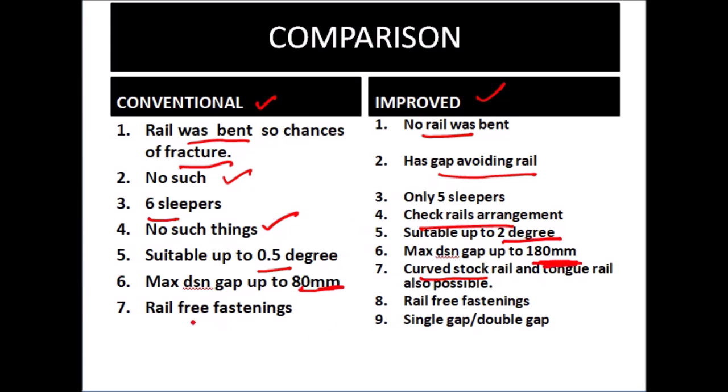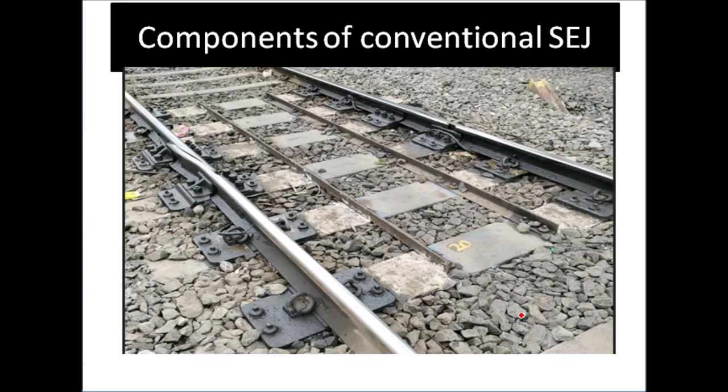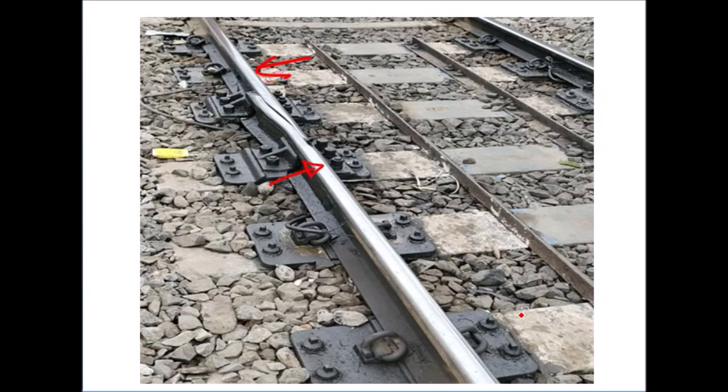One more important thing is rail free fastenings. What does that mean? If you see this diagram, this is one plate, this is one plate, here also you have one more plate, and here you have special plates like this. None of the nuts and bolts was fixed to the rail.